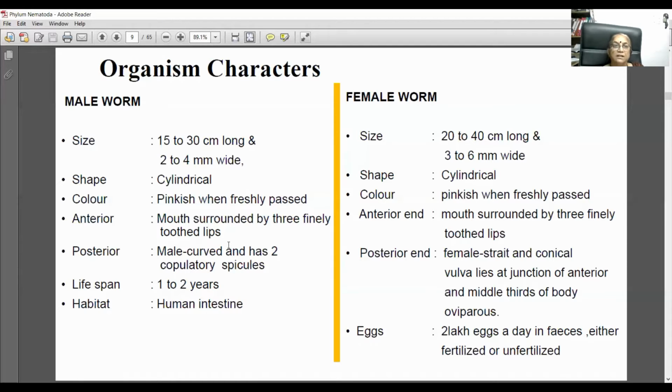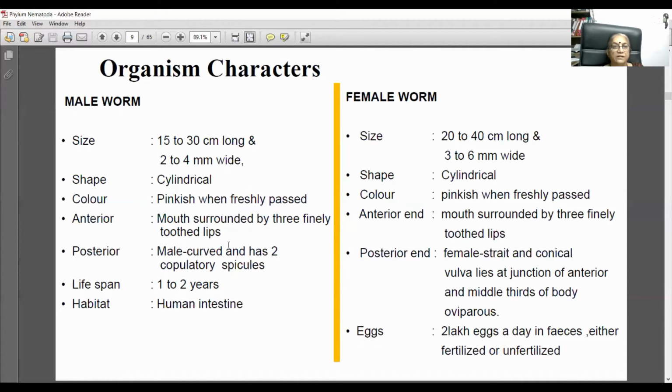The males are smaller than the females. The male is 15 to 30 centimeters long and 2 to 4 millimeters wide, and the female is 20 to 40 centimeters long and 3 to 6 millimeters wide. So male worms are more thin and thread-like than the female worms, and shorter than the female worms.